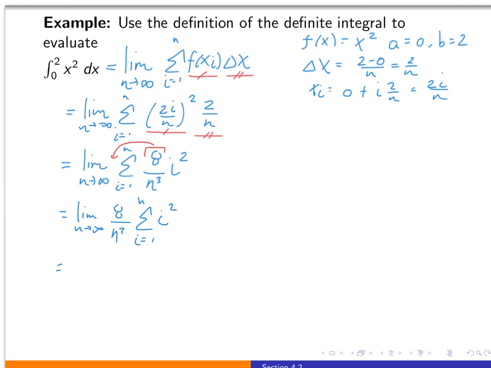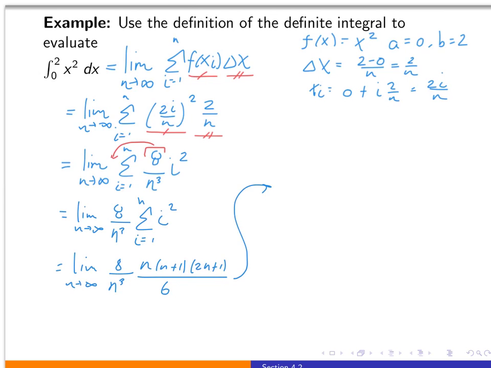And now what we're going to do is go back to one of our special sum formulas. And this is why those special sum formulas are so important. The sum from i equals 1 to n of i squared is n times (n plus 1) times (2n plus 1), all divided by 6.